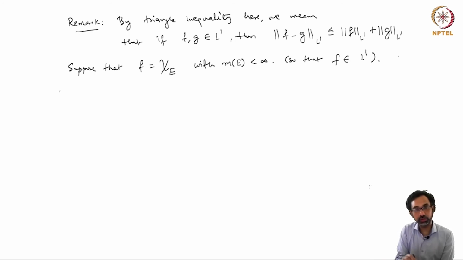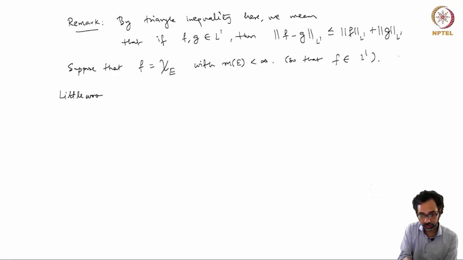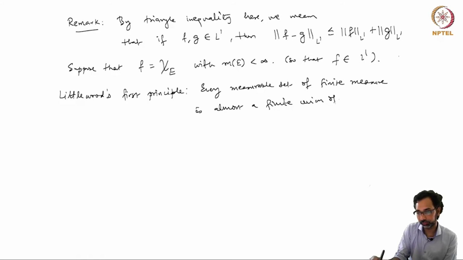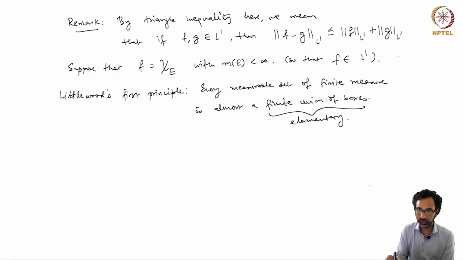Here again we are going to use Littlewood's first principle, which is that every measurable set of finite measure is almost a finite union of boxes, or almost elementary. So how do we show this? Let us give a short proof.